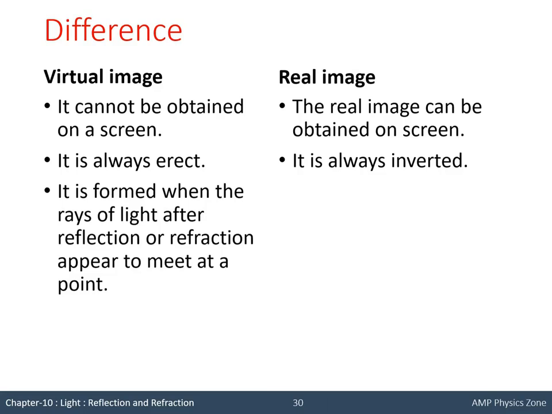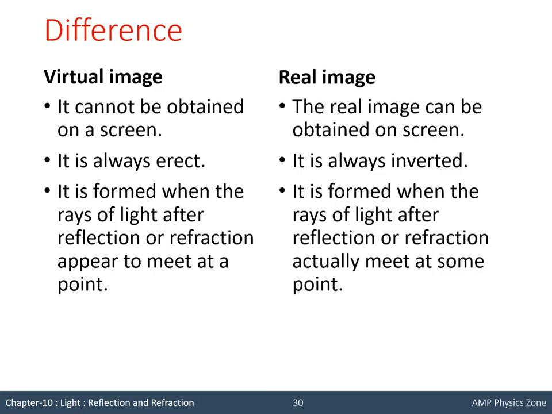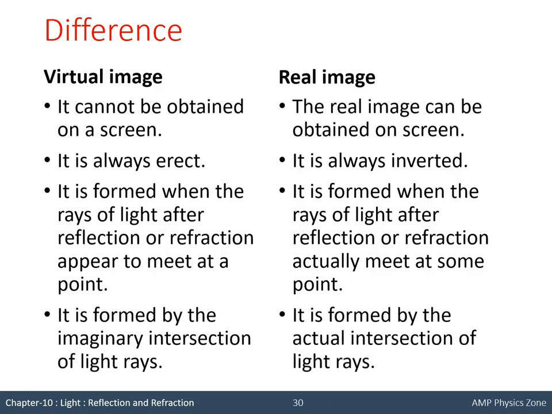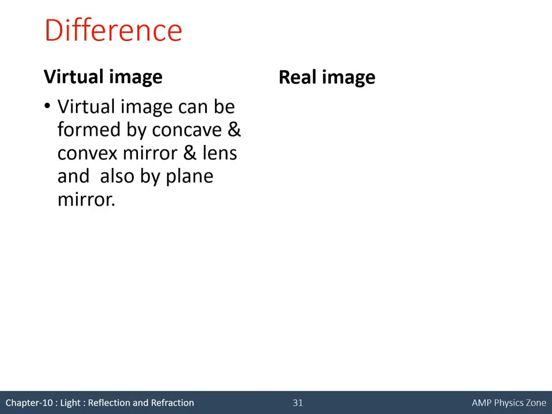A virtual image is formed when rays of light after reflection or refraction appear to meet at a point. In these, rays will not meet really, and in a real image the rays after reflection will actually meet at some point. A virtual image is formed by imaginary intersection of rays, whereas there is actual intersection of light rays for a real image. A virtual image can be formed by concave and convex mirrors, lenses, and also by a plane mirror.